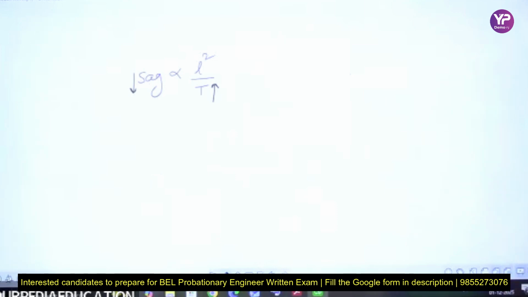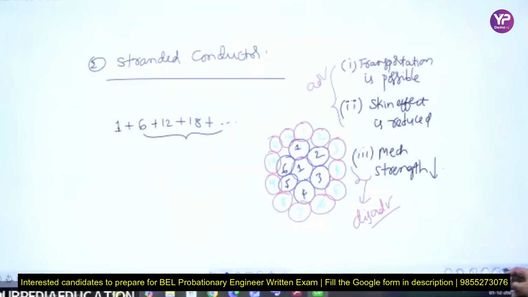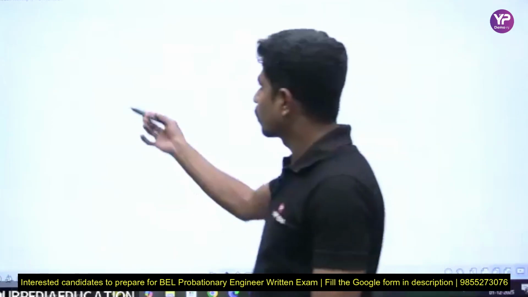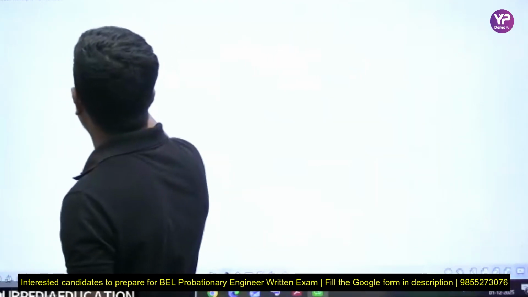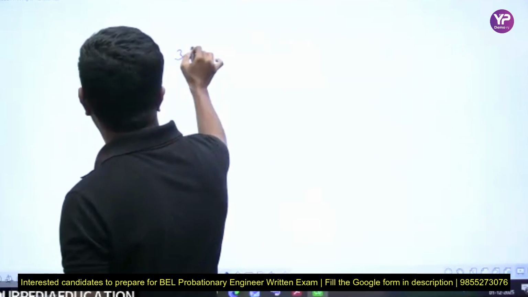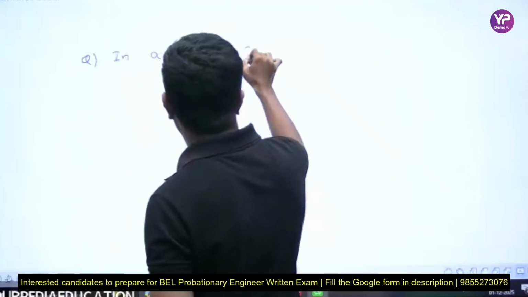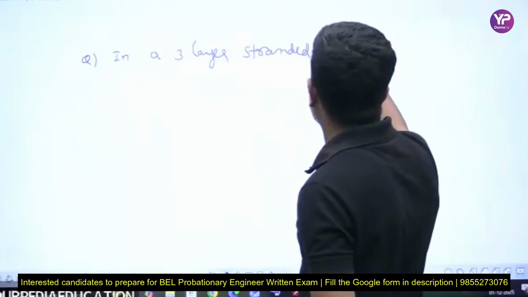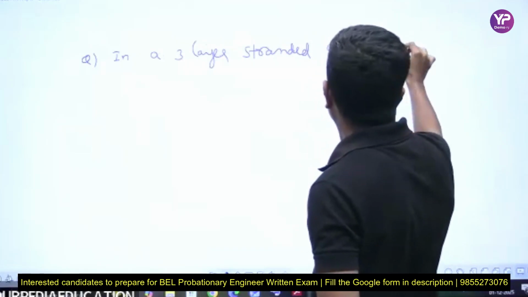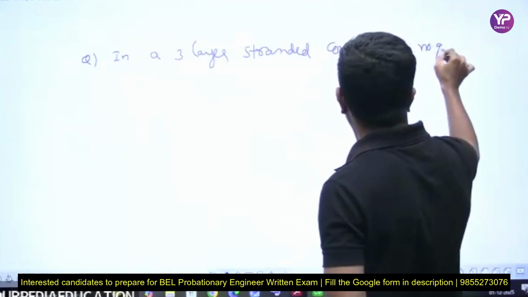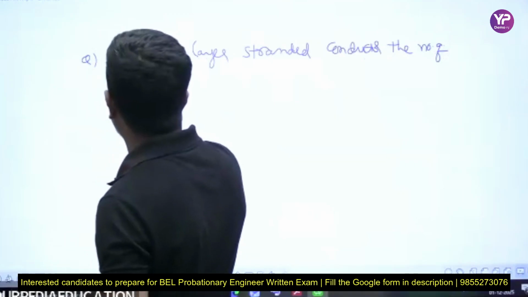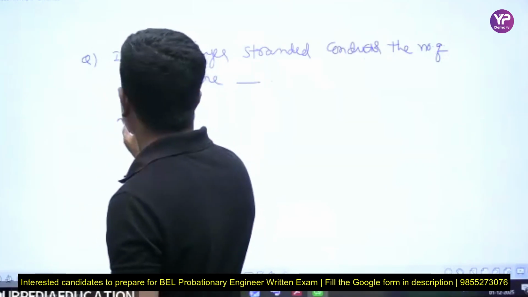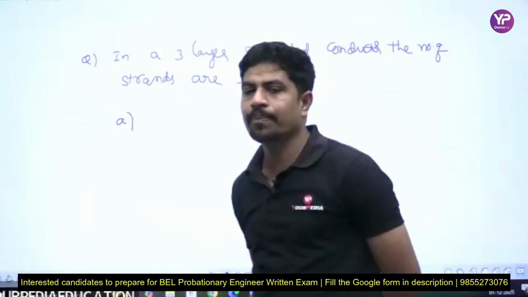Then what to do, sir? First of all, here I have a question, try to solve. In a 3-layer stranded conductor, the number of strands are dash. Option A, 3-layer.